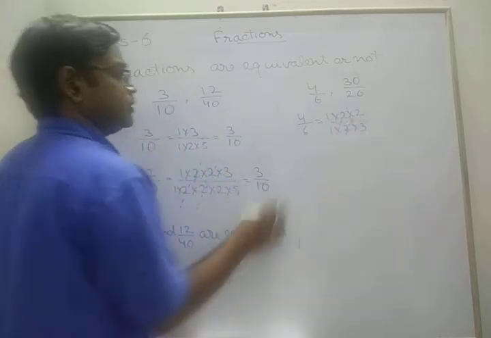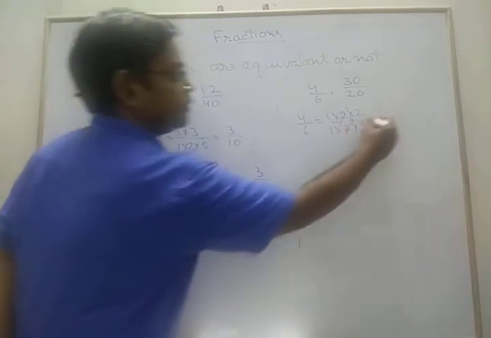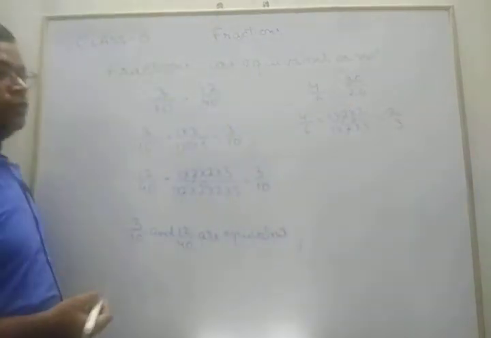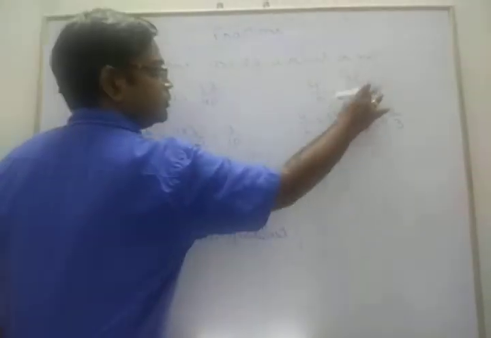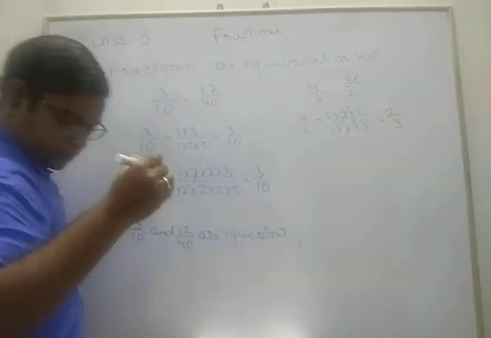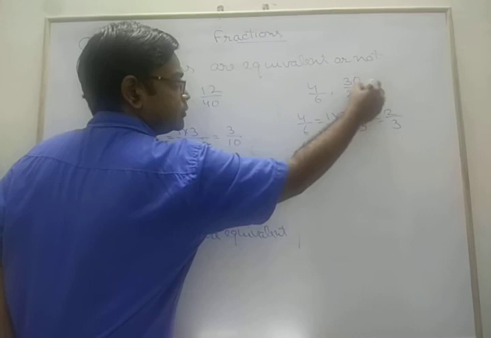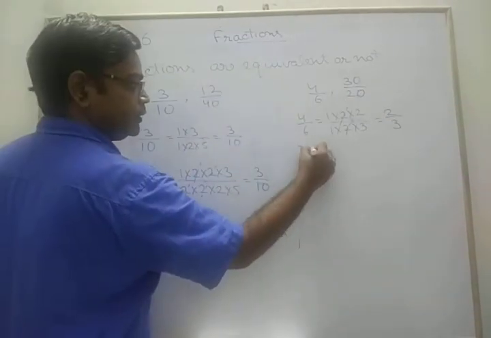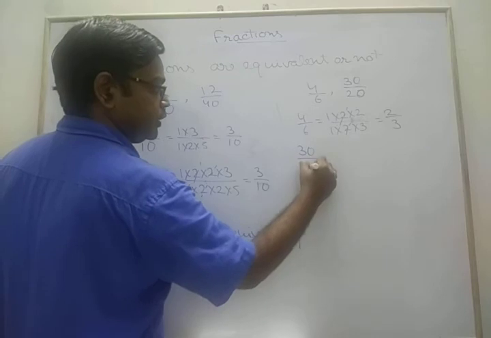These two cancel each other, and we have 2 upon 3. Now for 30 upon 20, we write down the factors.